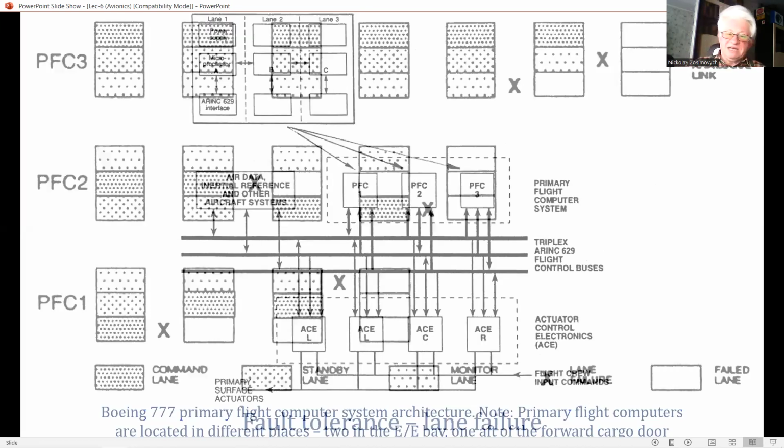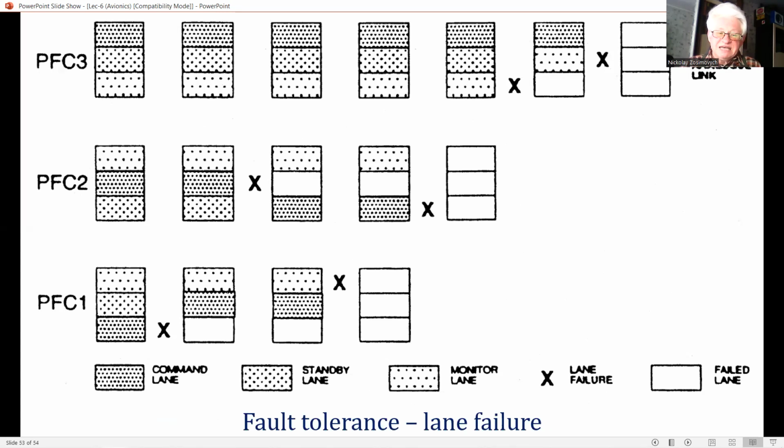The PFC architecture is shown in this slide and comprises three independent dissimilar processors, which are physically segregated within the box. The software for the three processors is generated by independent groups to the same requirements specification.